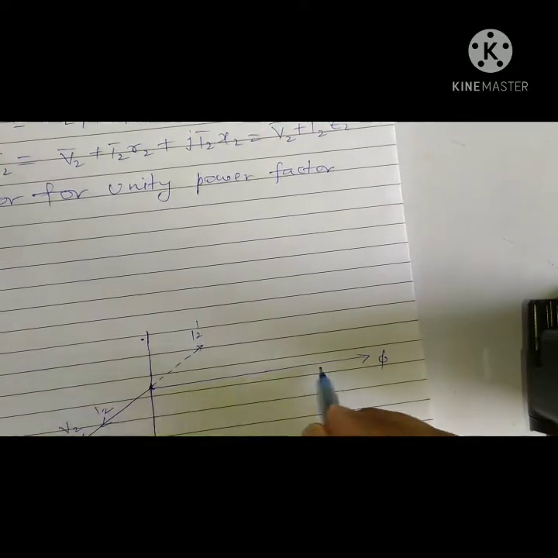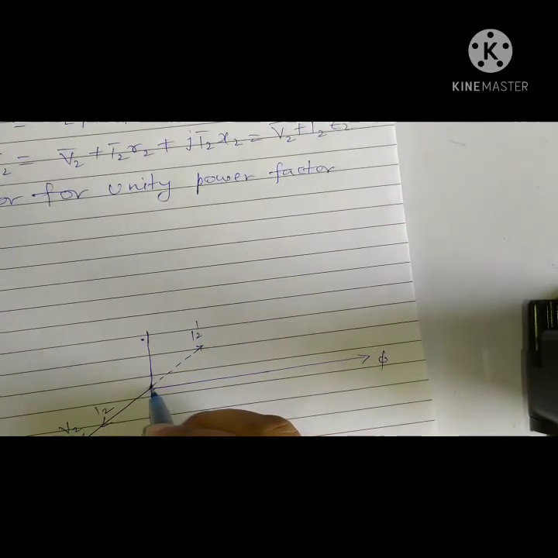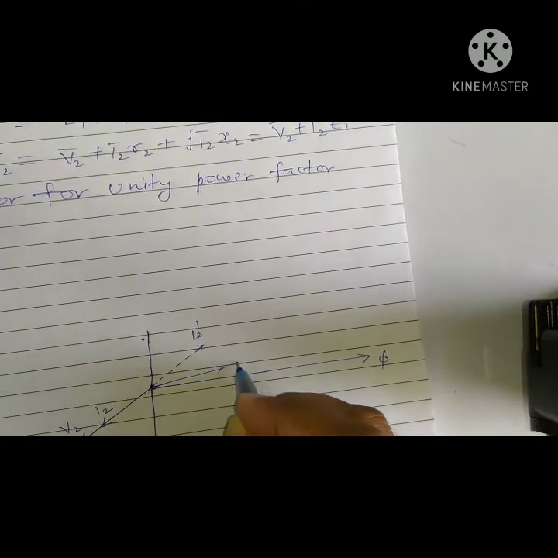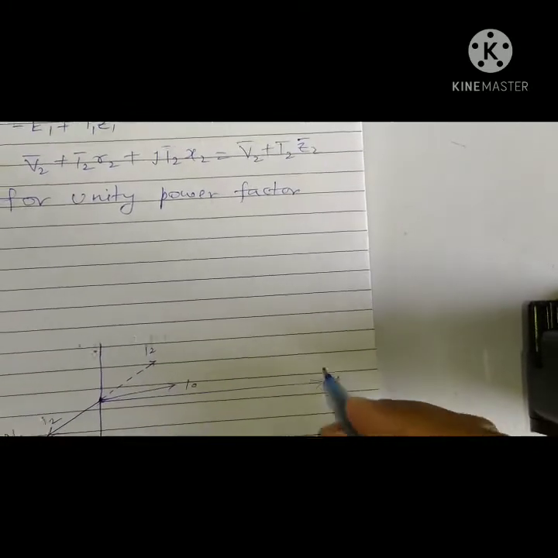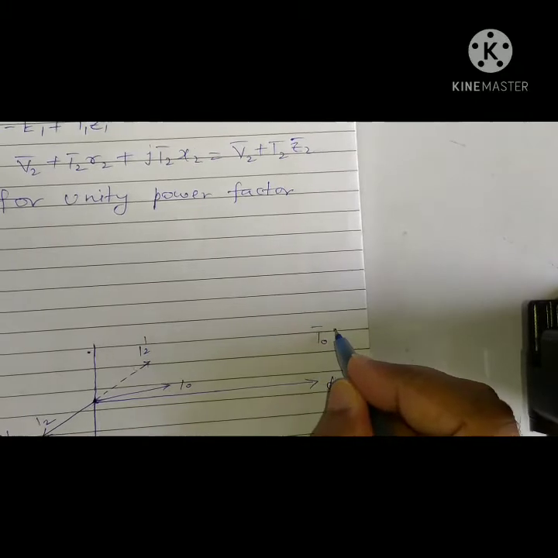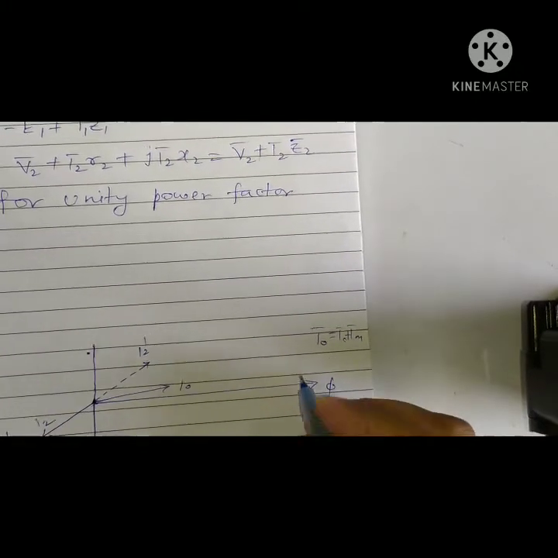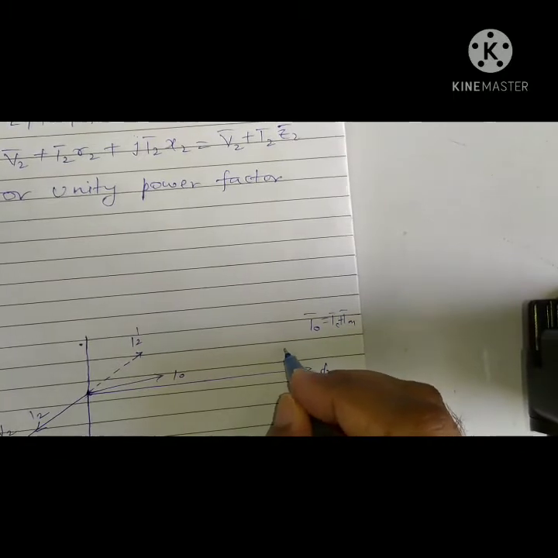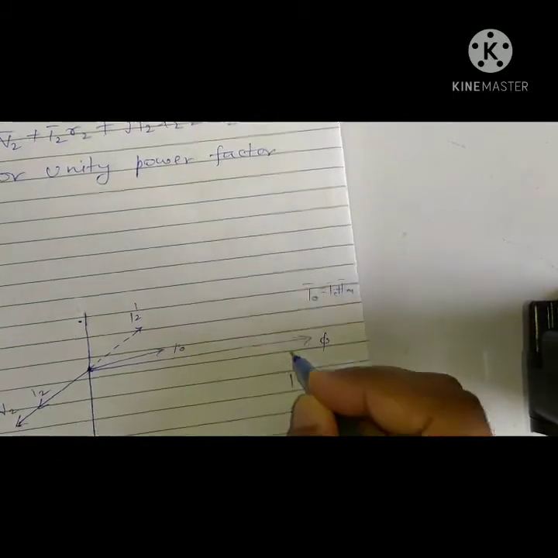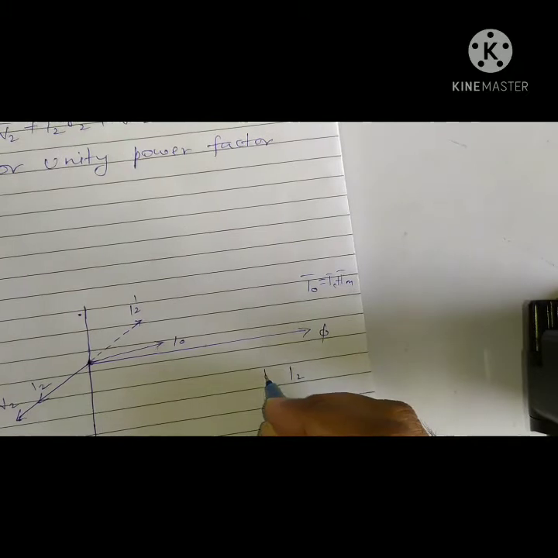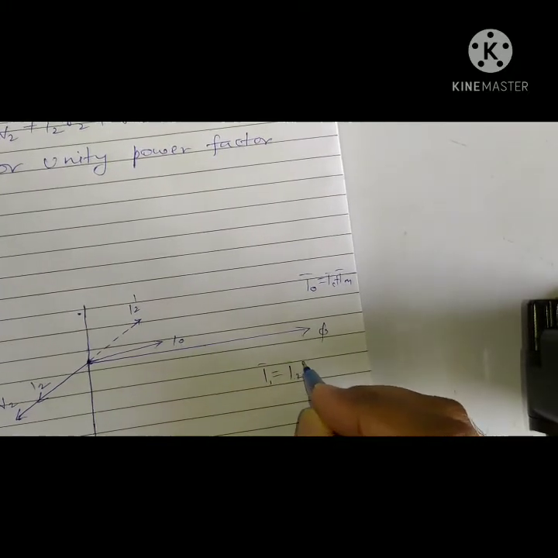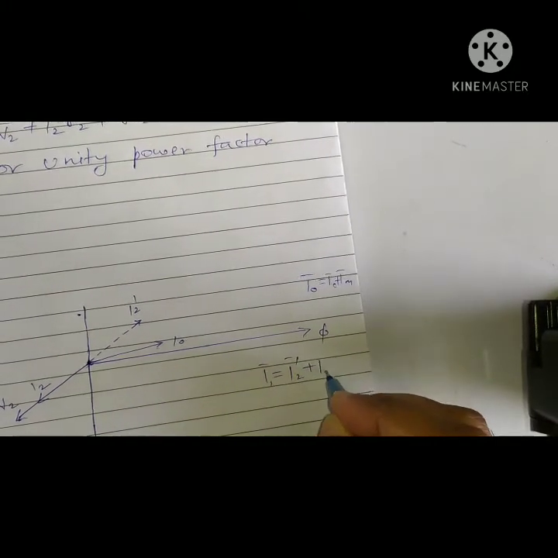We know the I naught locus is somewhere here. I naught is the combination, we know I naught is IC plus IM, and we also know that the I1 phasor is the I2 dash phasor plus the I naught phasor.